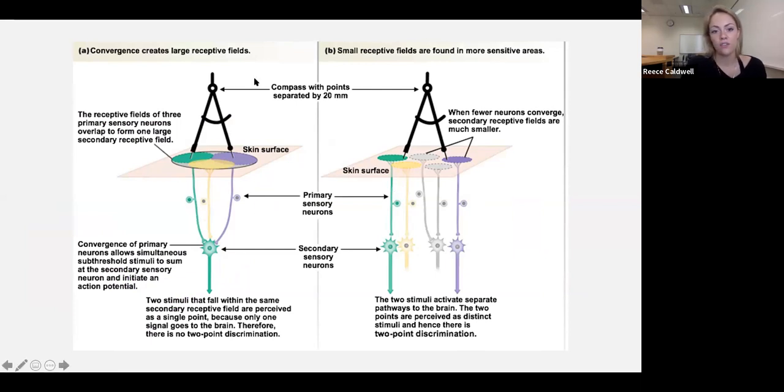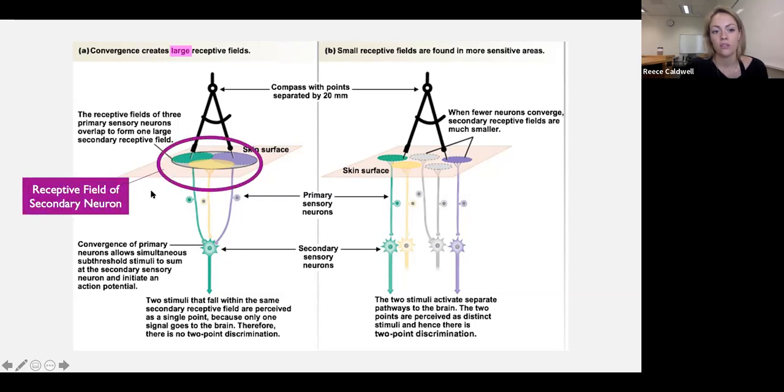So this side of the photo is showing a large receptive field, and this side of the photo is showing a small receptive field. When we're talking about receptive fields, we're talking about that secondary neuron because that's the one that's actually going to the brain. So let's start with this first example. What we see is that we have this large receptive field.